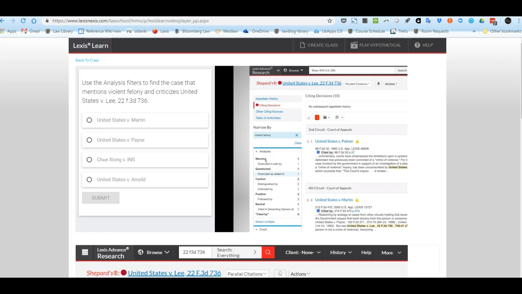Okay, so once again, let's use the analysis filters to find a case that mentions violent felony and criticizes US v. Lee.